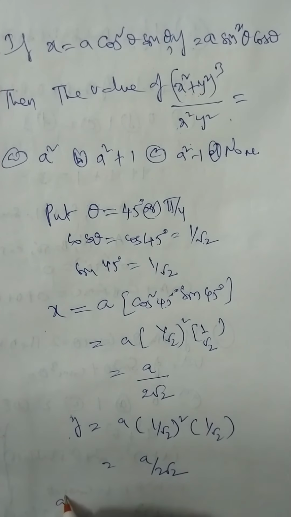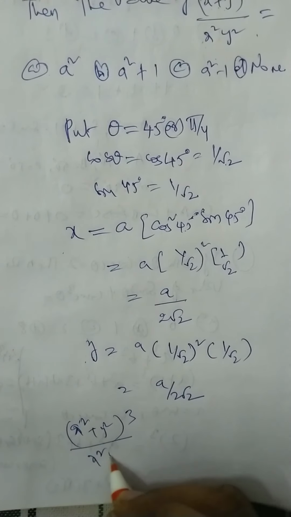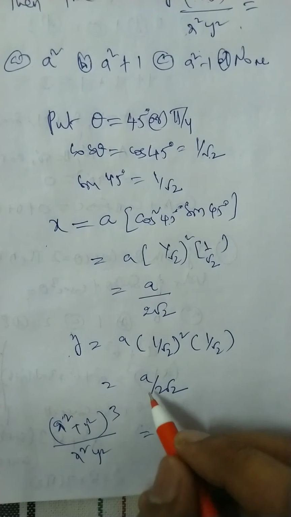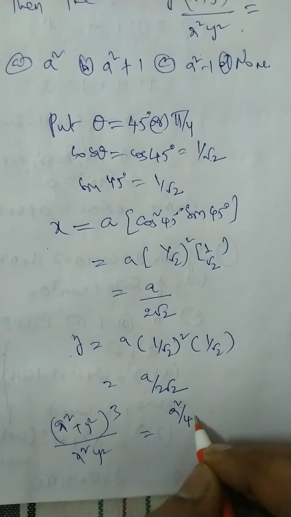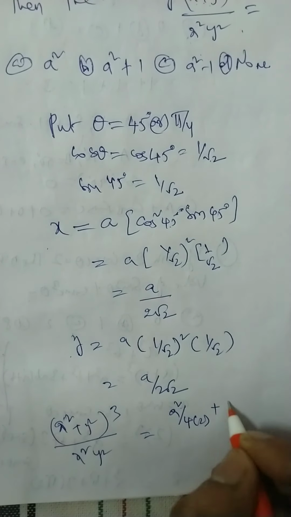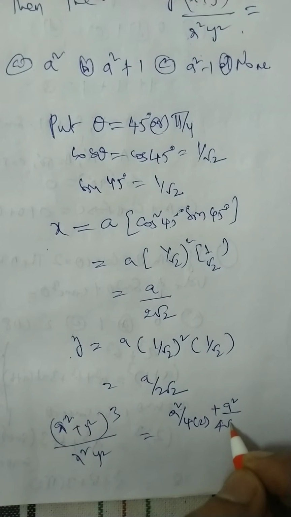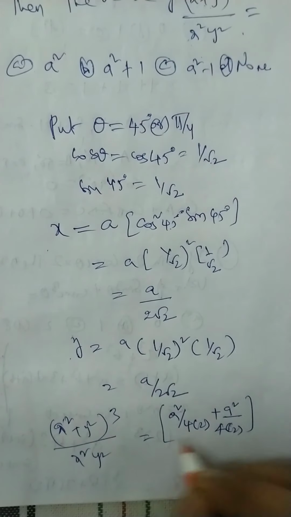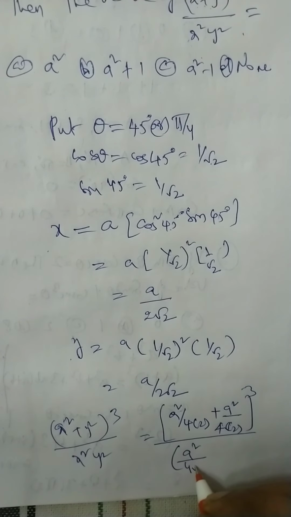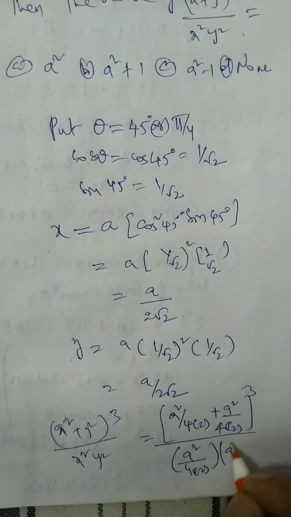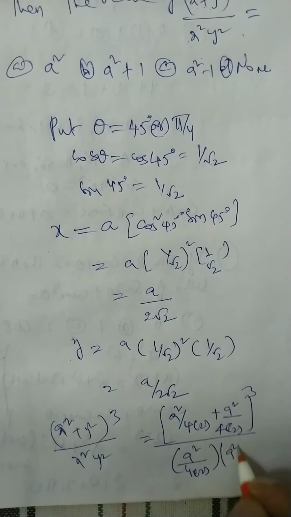So we can see that (x square + y square) whole cube by x square y square is equal to a square by 2 square, which is 4, root 2 whole square is 2, so a square by 4 into 2; here also a square by 4 into 2; total value cubed, divided by a square by 4 into 2, again a square by 4 into 2.